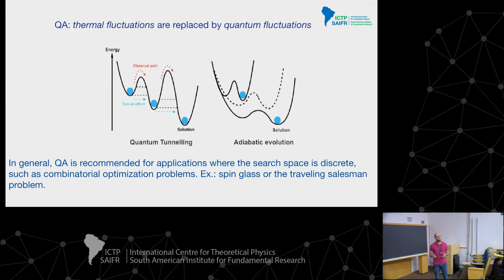Even people don't know if the D-Wave quantum computers are fully quantum because they have a lot of decoherence, errors, and so on. But it seems that for some problems, like optimization problems, combinatorial, discrete problems, this quantum computer is useful, but at the moment there is no proof that it's better than classical computers, right?